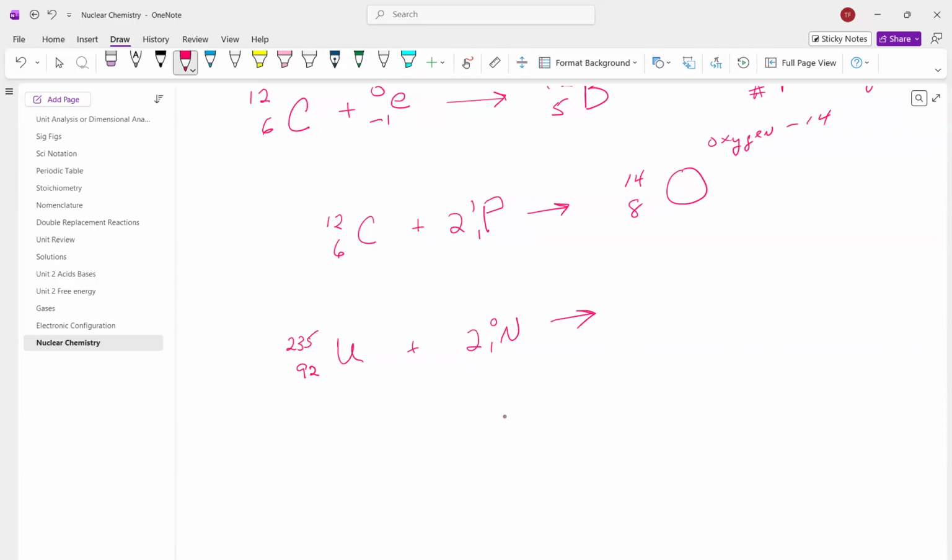Okay, so normally we would say, well, that's 235 over 94, which is what? Platinum, or plutonium, isn't it? 94. Oh, you gotta spell it right.